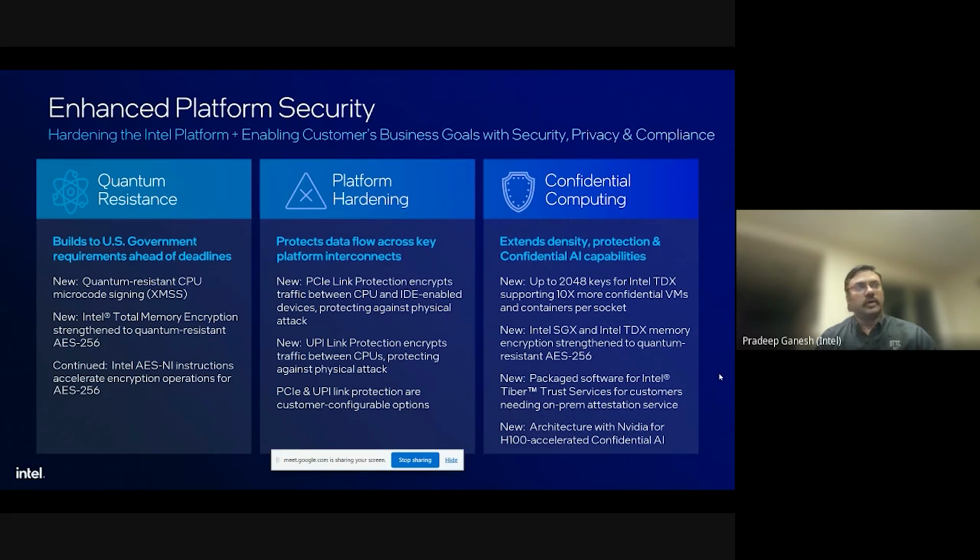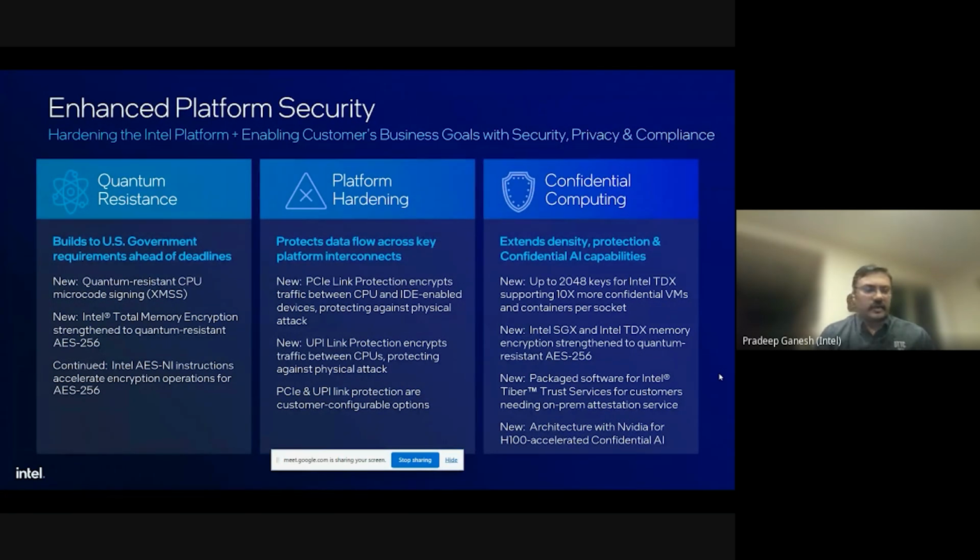Also, the total memory encryption has been updated to support AES 256 to make it quantum resistant. Similarly, the CPU cryptographic instructions have also been updated to support AES 256 so that all applications can tap into being more quantum resistant, making it future proof.